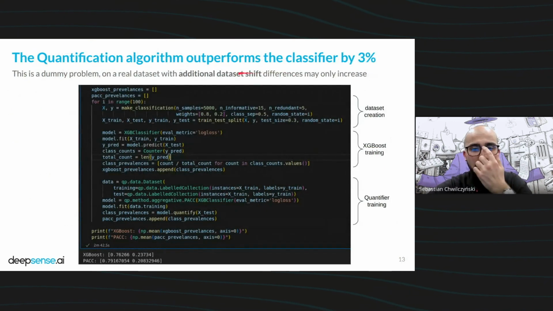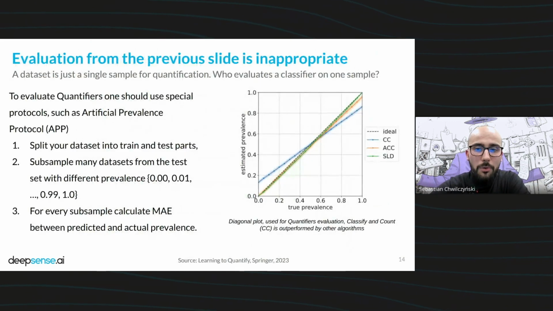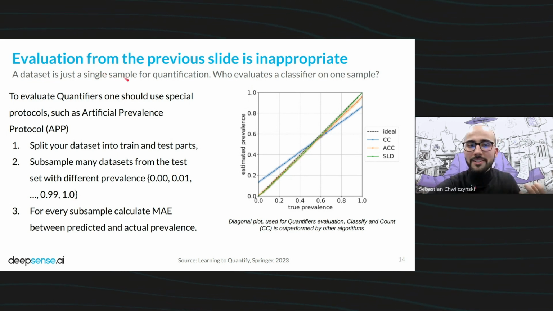And on the previous slide, we saw the words dataset shift. Basically, the data set in production may have a very different distribution. So we cannot evaluate a model for quantification on just a single data set, because it's a single sample for this kind of problem. And who evaluates a classifier on one sample?